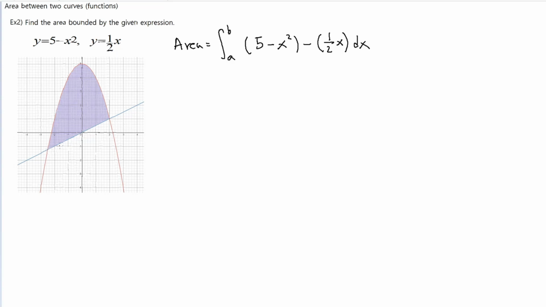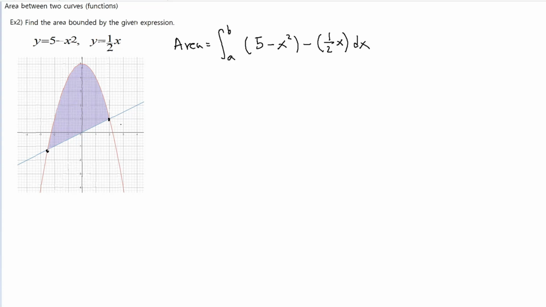The area starts wherever these two functions meet, right around here and right around here. And when two functions meet, we call that an intersection point.